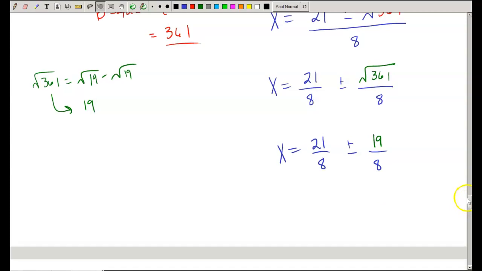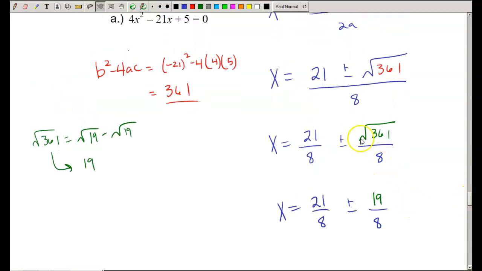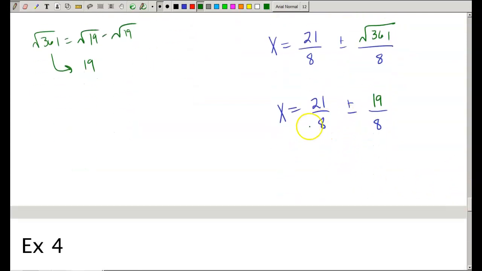All right, so I have my answer here, but because this portion of the problem reduced so nicely, and I don't have any radical in my answer at all, oftentimes it is best to just continue with the problem and break it up into the two pieces that it actually is.